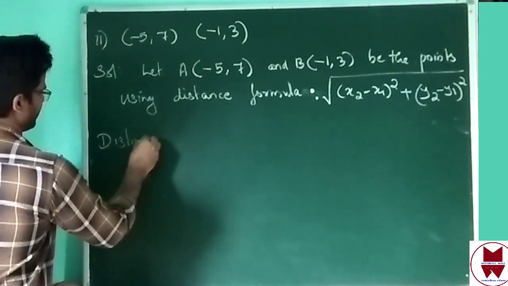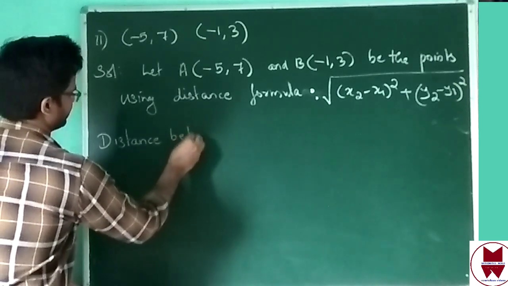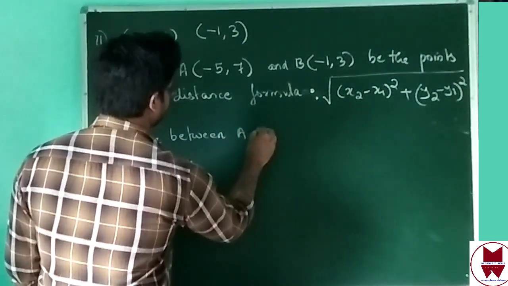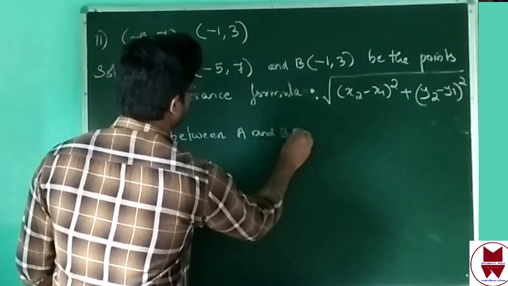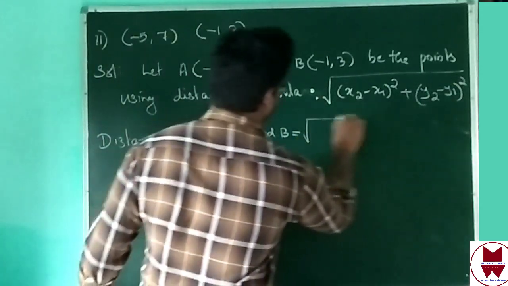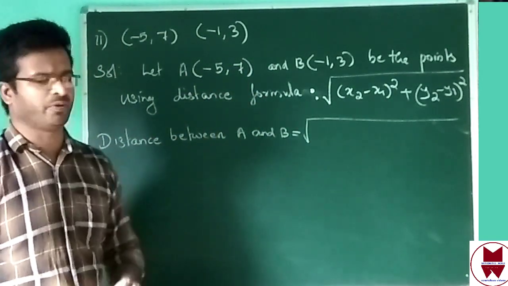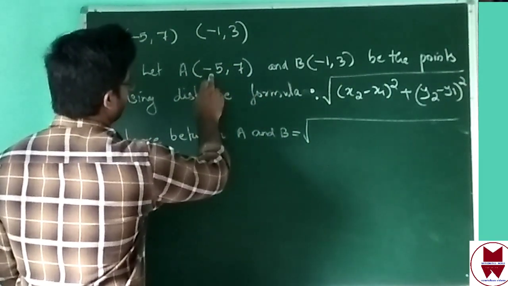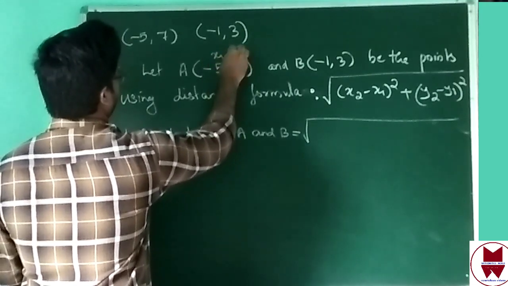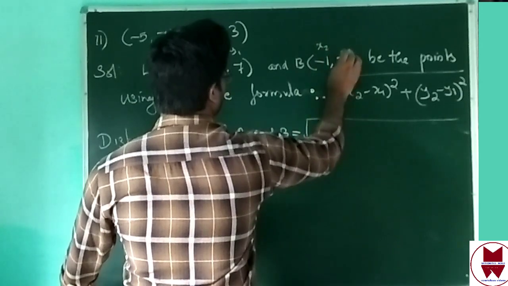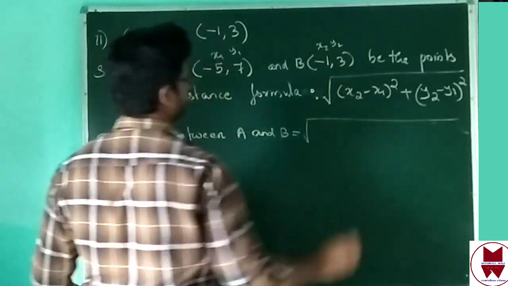Distance between A and B equal to square root of, and here they have given 2 points. First point minus 5, 7, we can consider this is x1, y1. Second point is minus 1 is x2, 3 is y2.